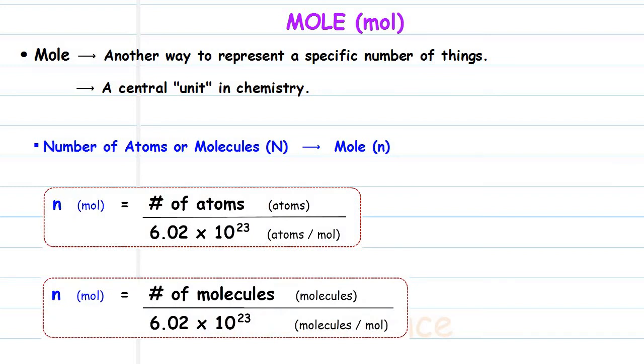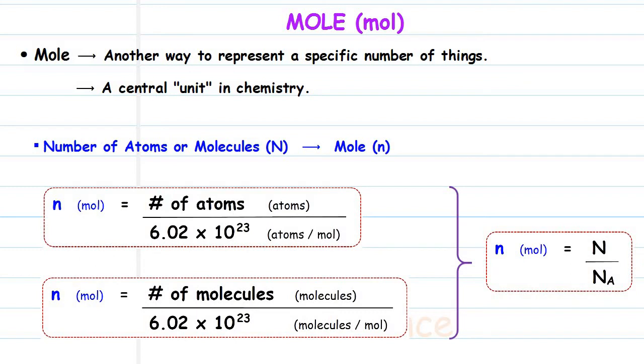And if we are dealing with molecules, mole will be equal to the number of molecules divided by 6.02 times 10 to the 23rd. Or we can say the little n, which is mole, is equal to the big N divided by Na. The big N is number of atoms or molecules, and the Na is Avogadro's number, or 6.02 times 10 to the 23rd. Now let's try some practice questions.